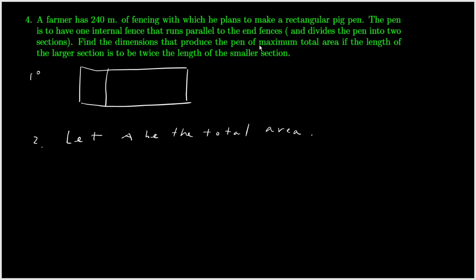So can I use x to denote the length of the smaller section? Then the length of the larger section is going to be 2x, because we have a requirement that the length of the larger section is twice the length of the smaller section.